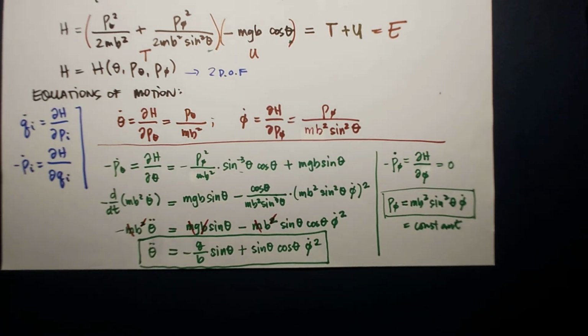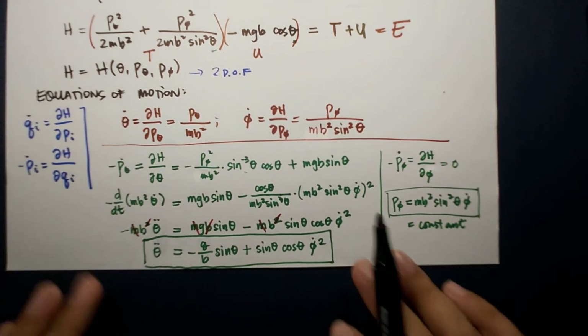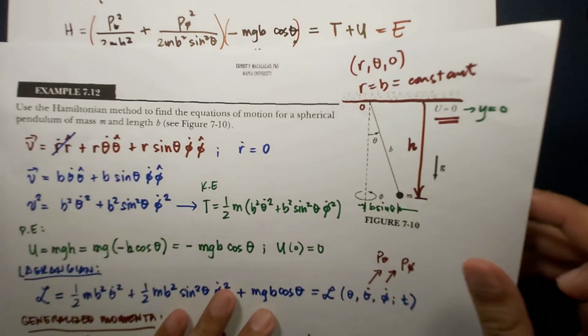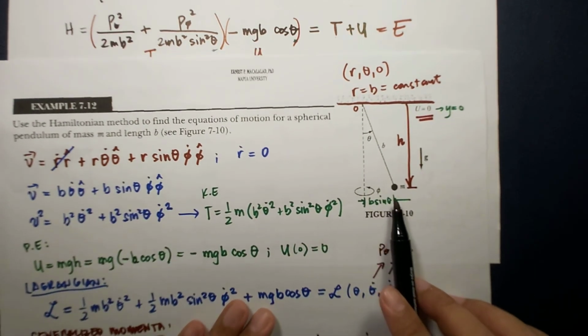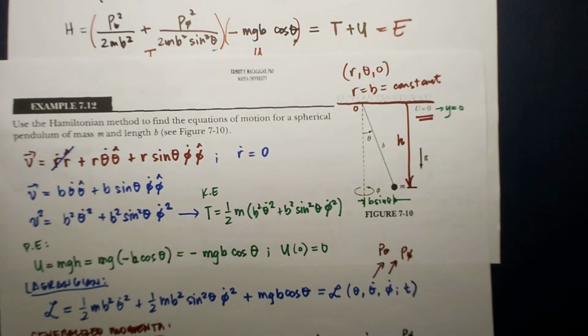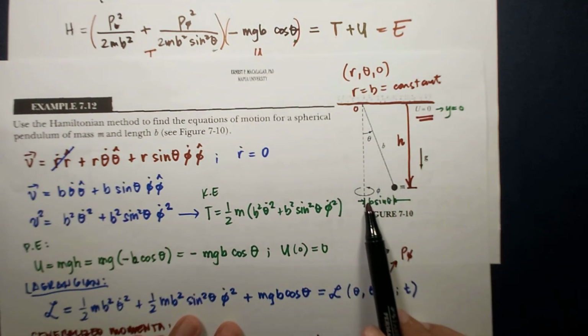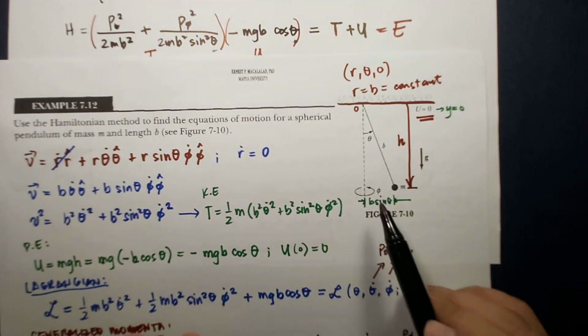Now, let's look at the results here. So you will notice here that, okay, let's go back to our problem here. So you will notice that if, for example, the pendulum is not revolving about the vertical axis, so that means phi dot is 0.